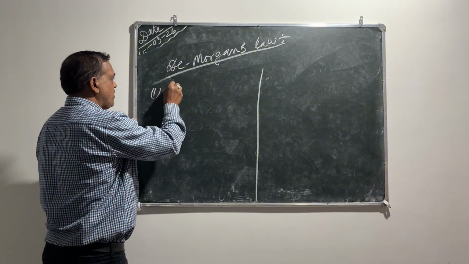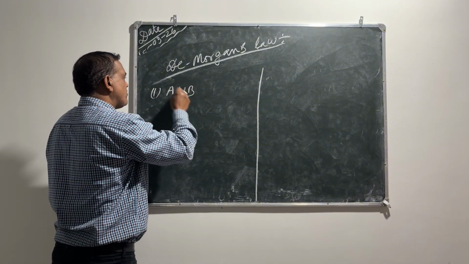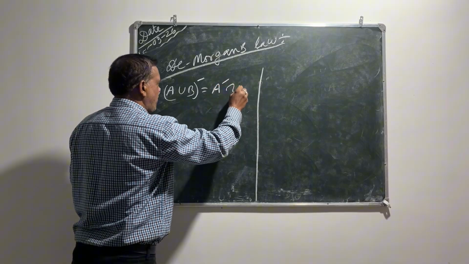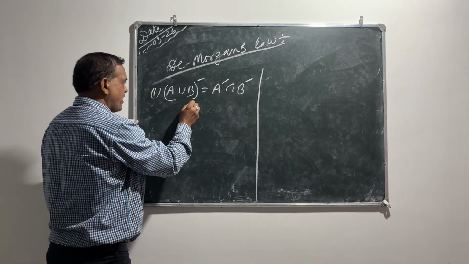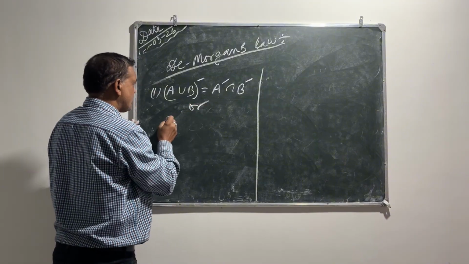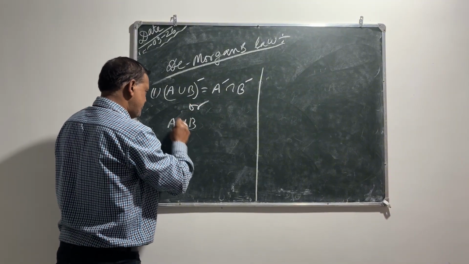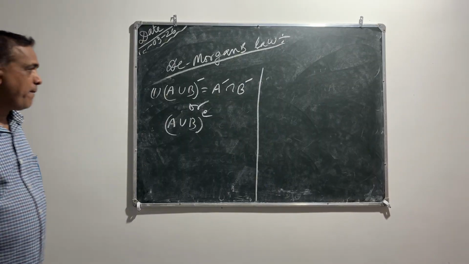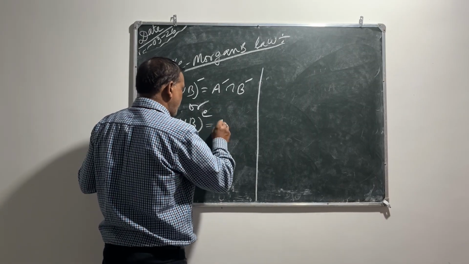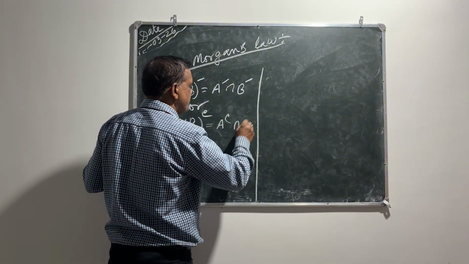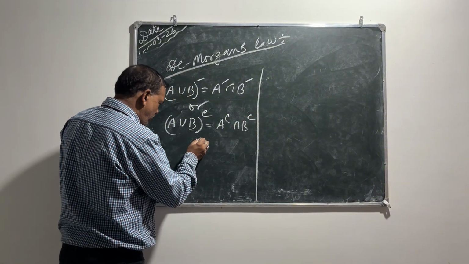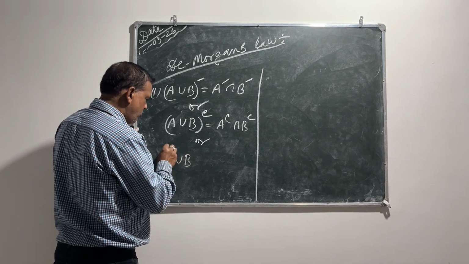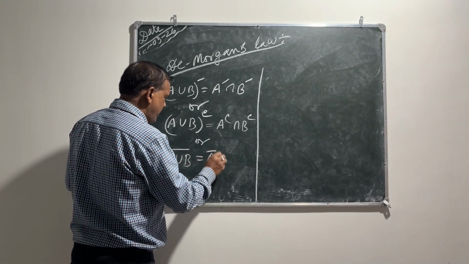Number 1: A union B whole complement equals complement of A intersection complement of B. This can be written as (A union B) complement, that is, A complement intersection B complement. Another way, we can also write (A union B) bar equal to A bar intersection B bar.